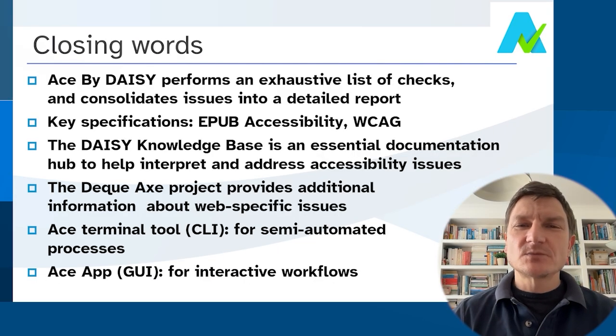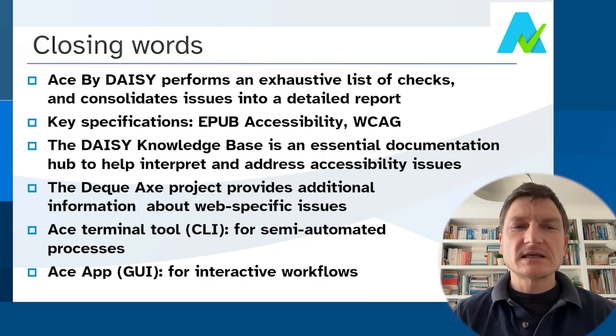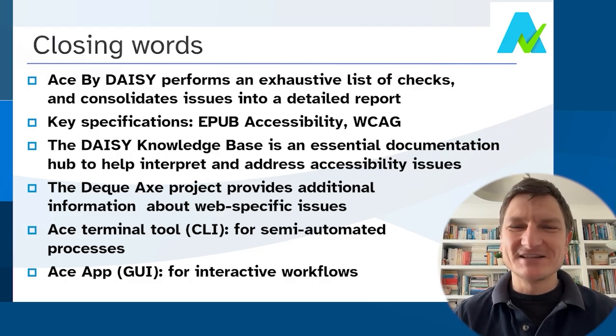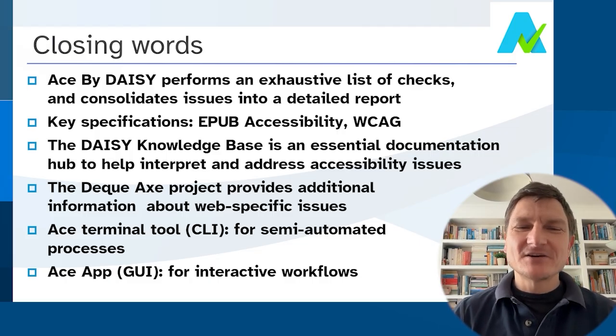To conclude this short presentation, here are some key takeaway points. ACE by DAISY performs an exhaustive list of checks and consolidates issues into a detailed report. The core specifications that describe the list of rules are EPUB, accessibility, and WCAG. The DAISY knowledge base is an essential documentation hub to help interpret and address accessibility issues.